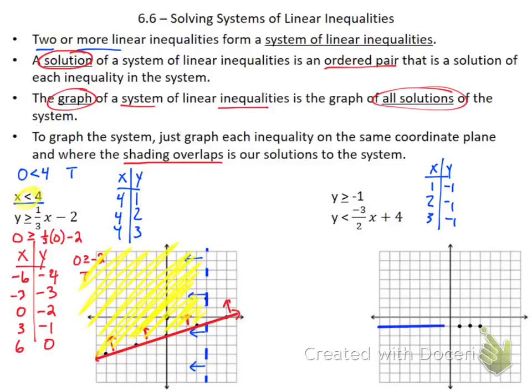Again, it's going to be a horizontal line. It's going to be a solid line because of my inequality symbol. And then I can plug in a 0. Is 0 greater than or equal to negative 1? This is true, so I know that I'm going to shade towards my test point. 0, 0 is right there, and so this one is going to go above the blue line.